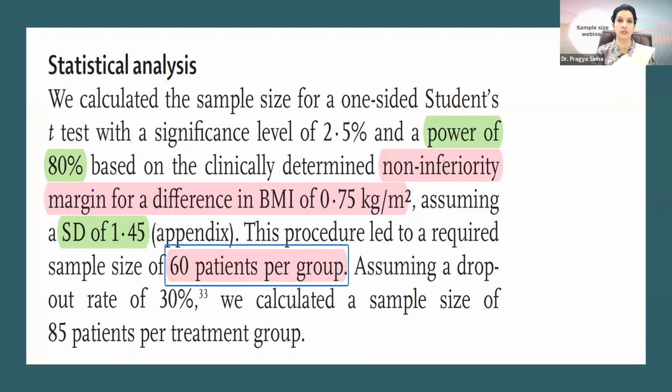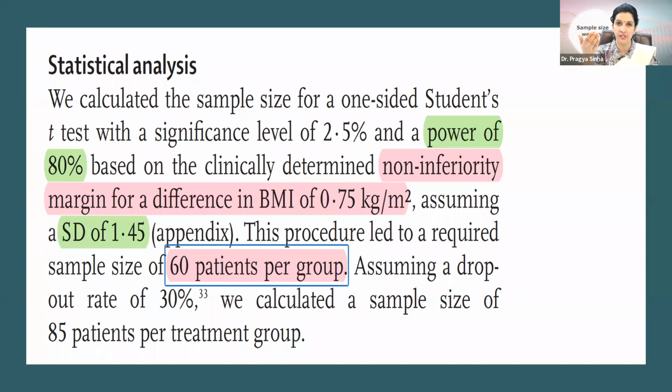Non-inferiority margin with a difference of BMI of 0.75. That means with the existing treatment, whatever was the change in the BMI, they have kept the same change with this new DP, the daycare treatment, except that 0.75. Even if it is within the range of 0.75 less than the existing one, they are going to accept the treatment.